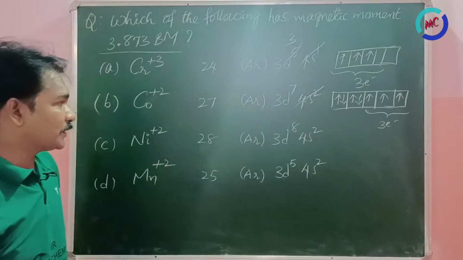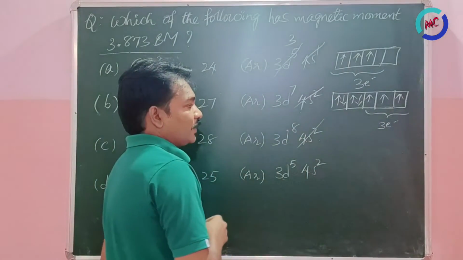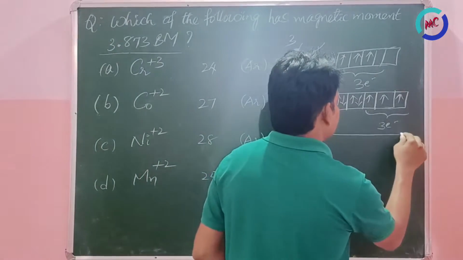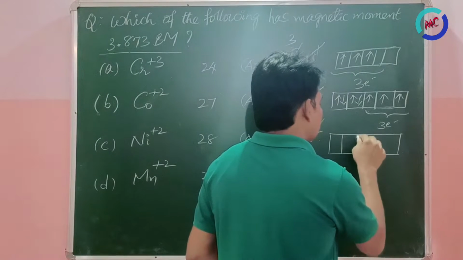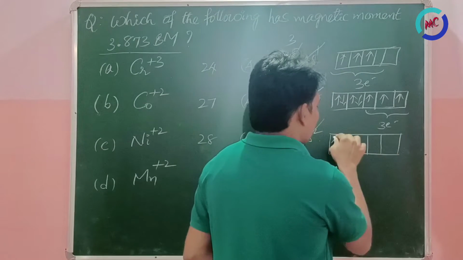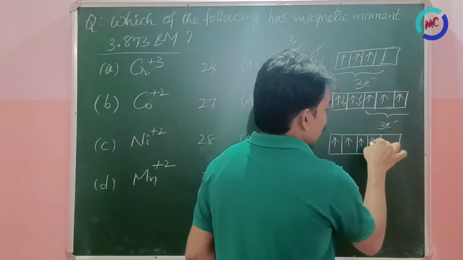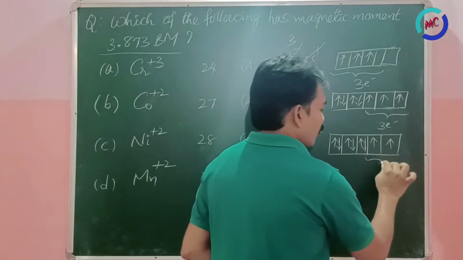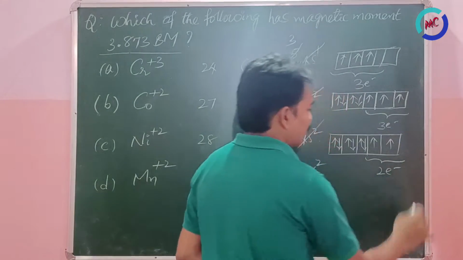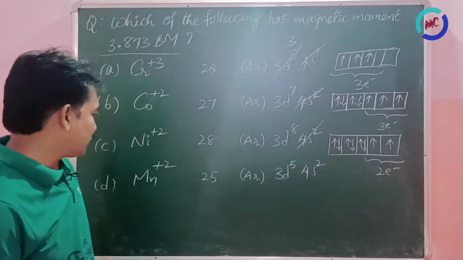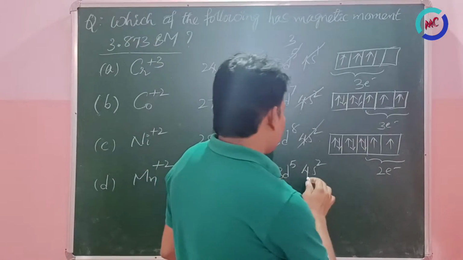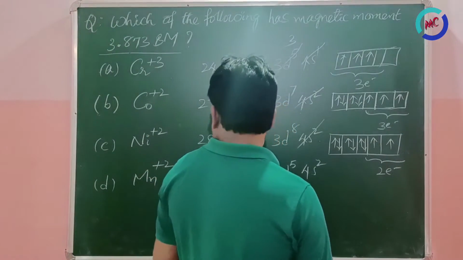And next one, nickel plus 2. By losing these 2 electrons, it becomes nickel plus 2. Now we will check it. 1, 2, 3, 4, 5, 6, 7, 8. How many unpaired electrons are there? 2 electrons are there. Now in the last case, manganese plus 2. 25, and see here electronic configuration 3d5 4s2.